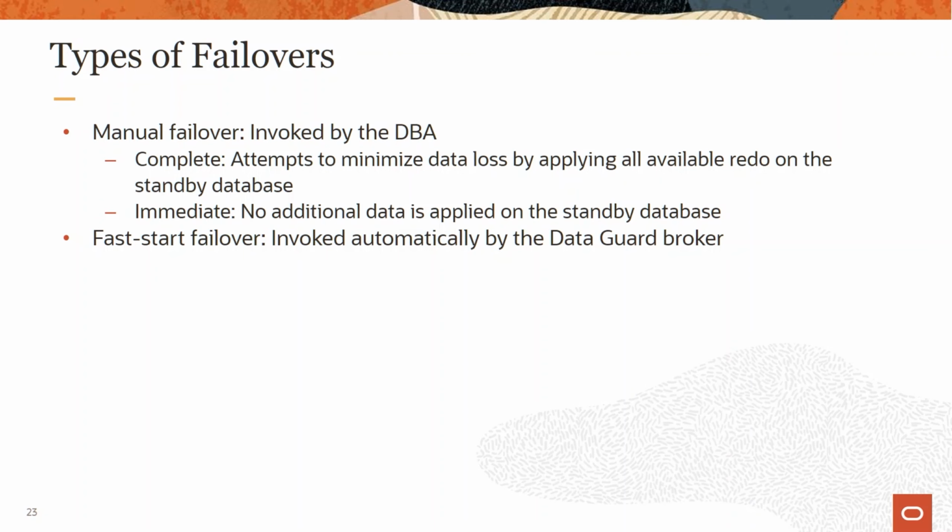Immediate means don't apply available redo, just immediately perform the role transition, so that way we can quickly provide service for the application and also for your business. However, you will have a loss of data if your redo transport mode is async mode. And also fast-start failover is invoked automatically by the Data Guard broker based on conditions.